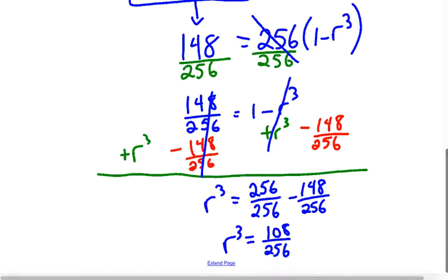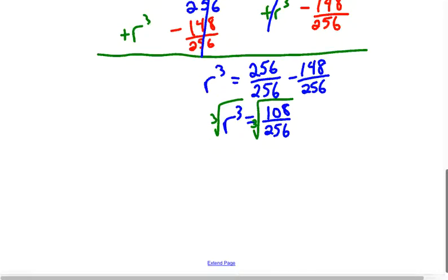And if I take the cube root of both sides, I end up with the following. R is equal to 0.75 on a calculator. So R would be 3/4 or 0.75.